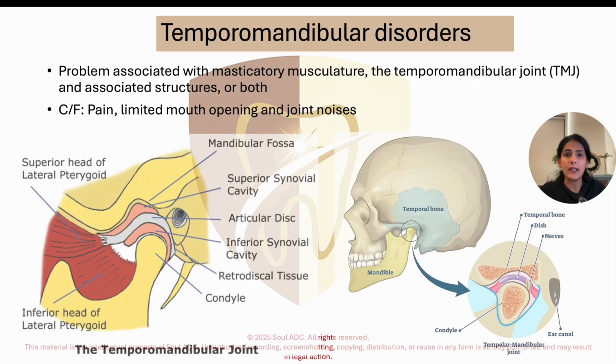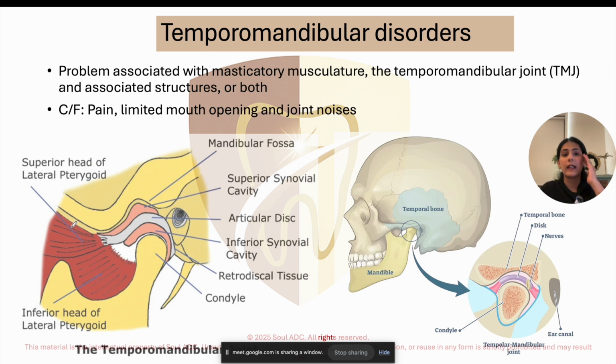Now let's understand your temporomandibular disorders. I am talking about your muscles, your joint, your articular disc, everything in that spot. So what are we looking at? We are looking at our head, that is your cranial bone, your condyle, that is your mandible.